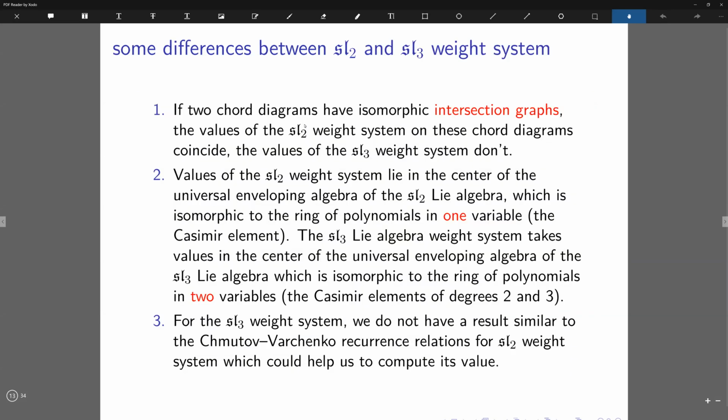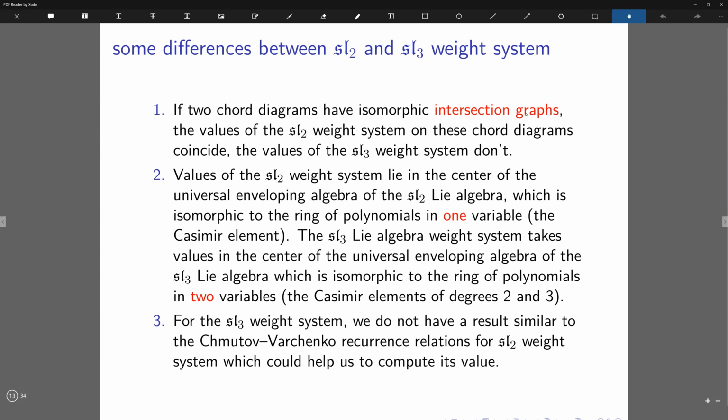There is some difference between the SL2 and SL3 weight systems. First, the SL2 weight system takes the same value on two chord diagrams that have the same intersection graph. I didn't give the definition of intersection graph.